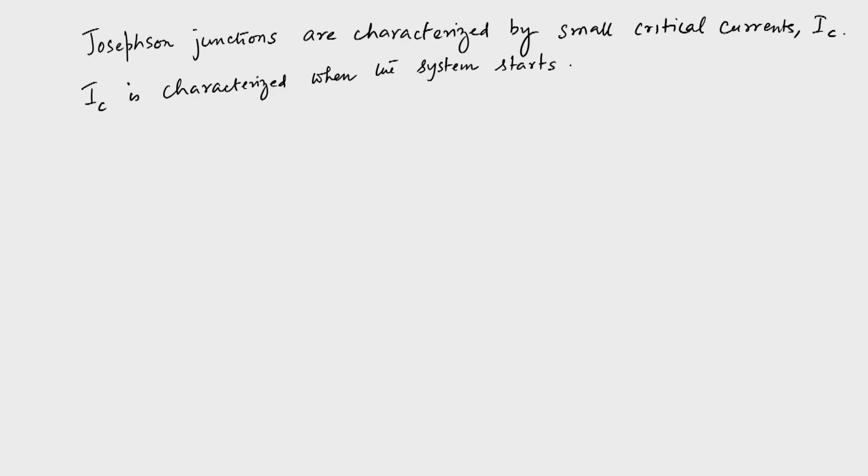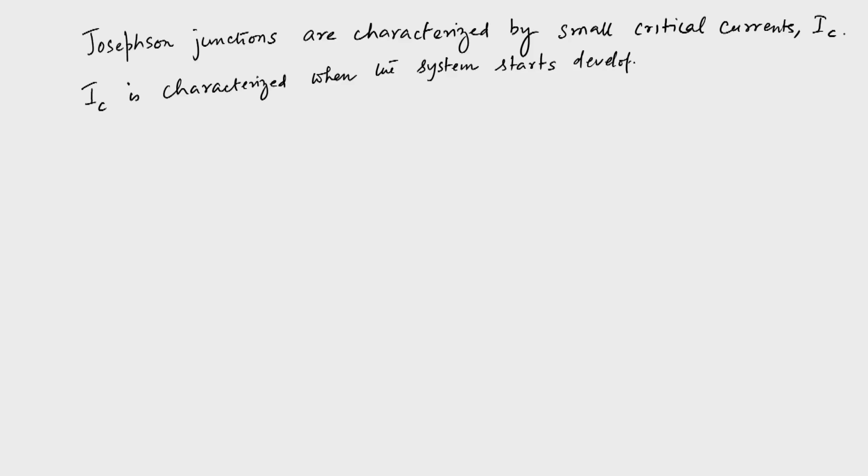So, that is the limit of IC, or rather IC is defined as the current that flows through the junction in a resistanceless condition. So, developing a resistance is the same as saying that it is developing voltage. So, we will say resistance slash voltage. So, these have much smaller IC as compared to the bulk superconductors.